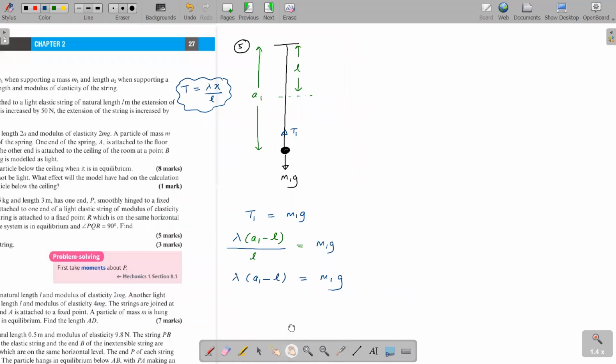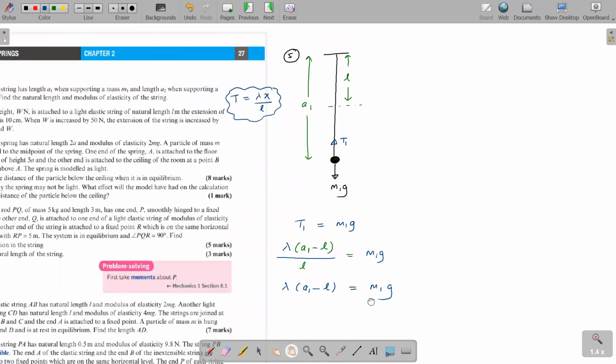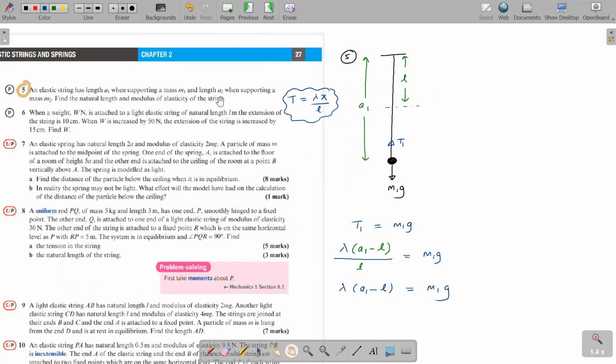Shall we go for the other equation? In the other equation, they say what? When an elastic string has length A1 when supporting a mass M1 and length A2 when supporting a mass M2. So again, if you go with the weight M2, I think you can see it's the exact same scenario, just that the length is now different.